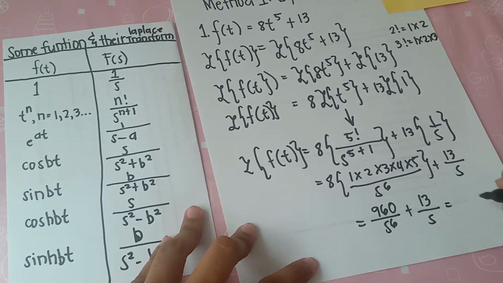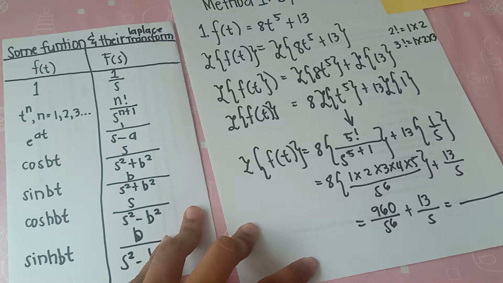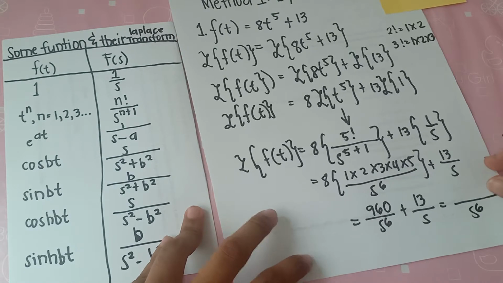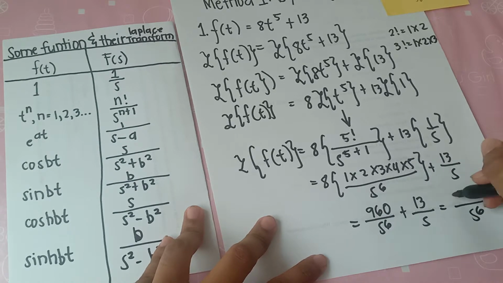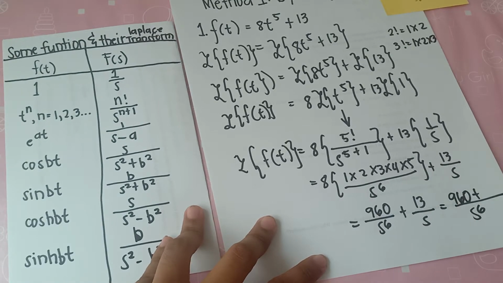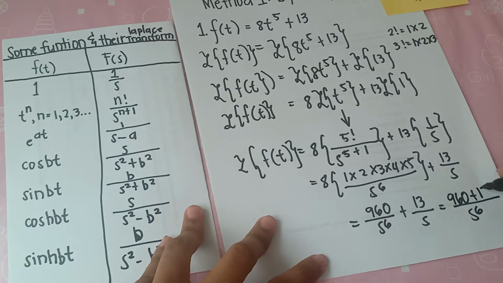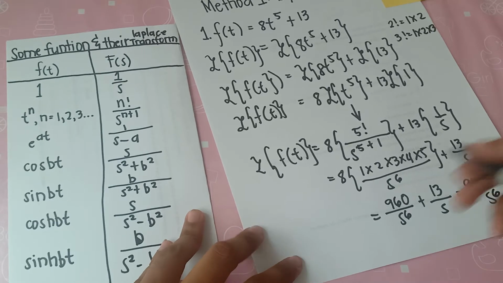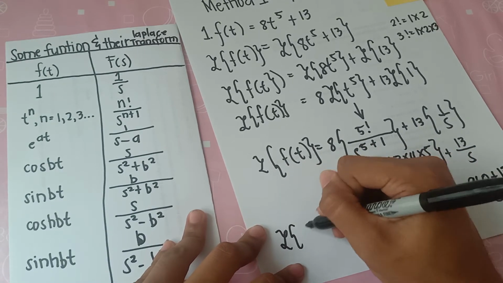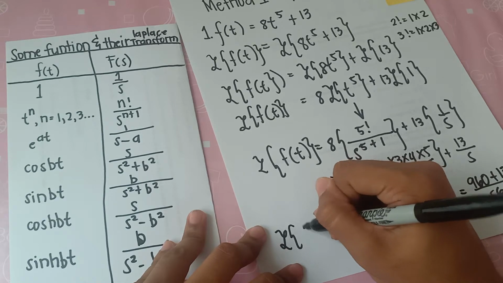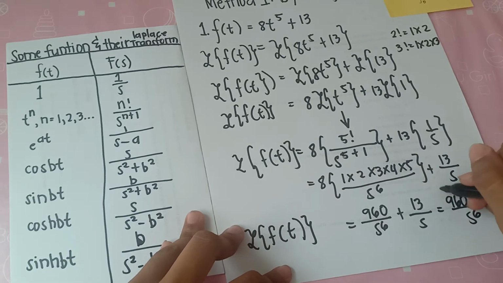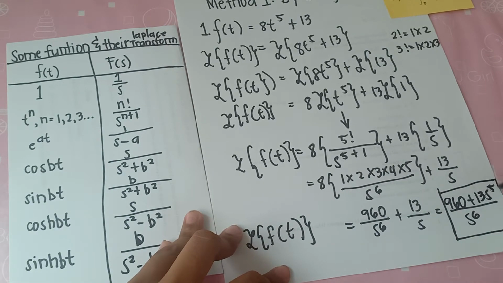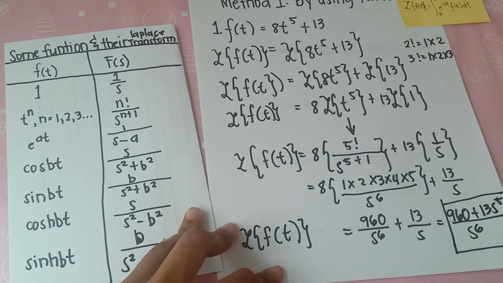We have the LCD of s to the 6. s to the 6 divided by s to the 6 is 1, times 960 is 960, plus s to the 6 divided by s is s to the 5th, times 13 is 13 s to the 5th. So therefore, our Laplace transform of the given function is equivalent to 960 plus 13 s to the 5th over s to the 6.